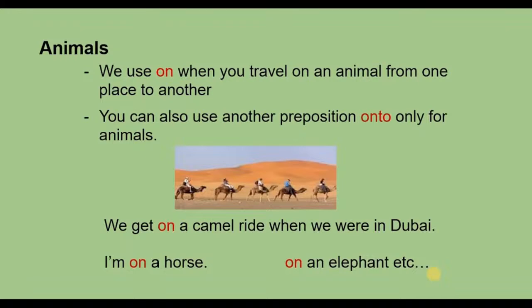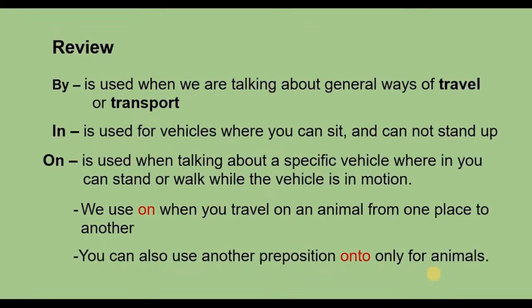You have to get inside and sit in this vehicle. You're gonna use the preposition in, and you're gonna use the preposition by when you're talking in general about travel. Alright?